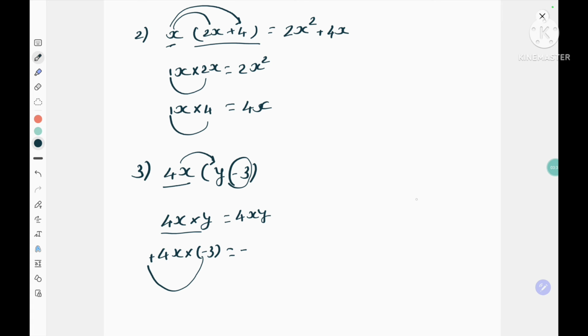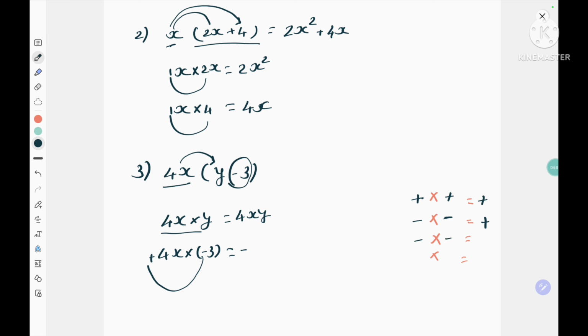If you don't know that rule, then I will tell you here. Let me change this color for the multiplication so that it is easy for you to understand. So positive times positive, the answer is going to be positive. If it is negative times negative, minus times minus, the answer is still positive, okay. When you multiply two negative numbers, the answer is positive.